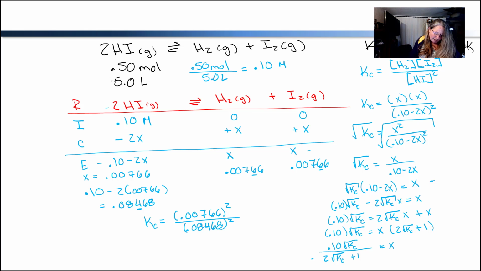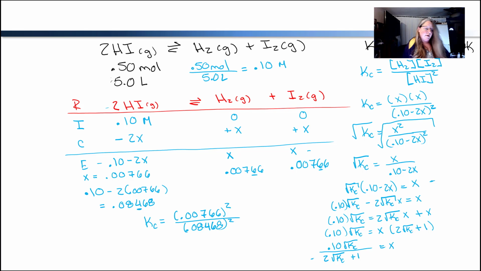Let's recalculate it. 0.1 times the square root of 0.016. There's that. 2 times the square root of 0.016. Here we go. Plus 1. And then this divided by that. There we go. Okay, so it was wrong.